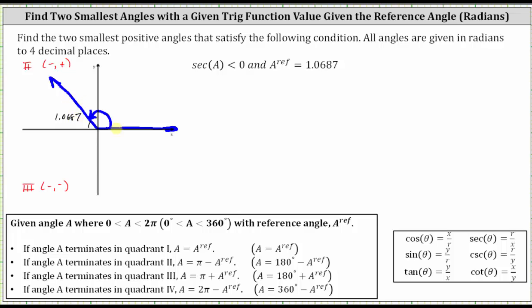Notice how to find this angle. We would take pi radians and subtract the reference angle of 1.0687 radians.